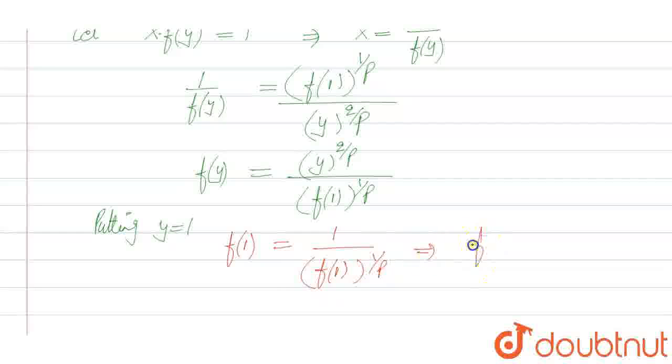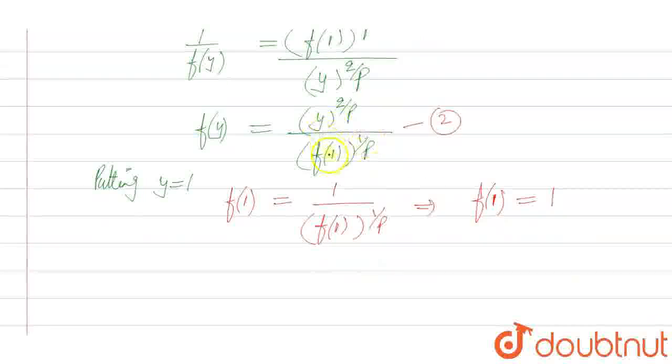So from here we get f(1) is also equal to 1. Then, suppose this is equation 2, putting f(1) equal to 1, this becomes f(y) = y^(q/p).